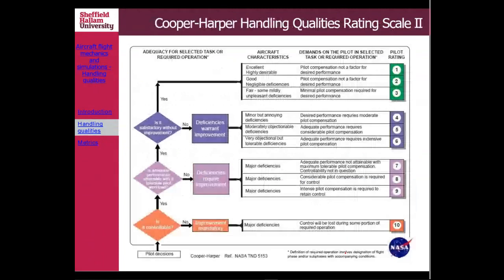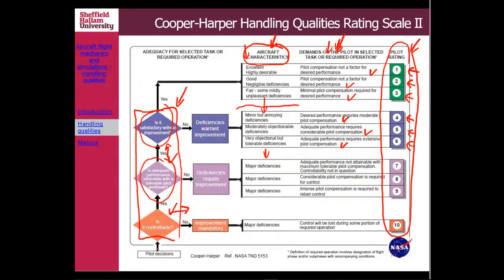So if you go back to this Cooper Harper scale, this is what the pilot should tell you. Is it controllable? If yes, then it goes to that. Is adequate performance sustainable? If yes, it goes that way. If no, then you have to define the deficiencies in there, whether they're major deficiencies, with adequate performance, considerable pilot compensation, intense pilot compensation.